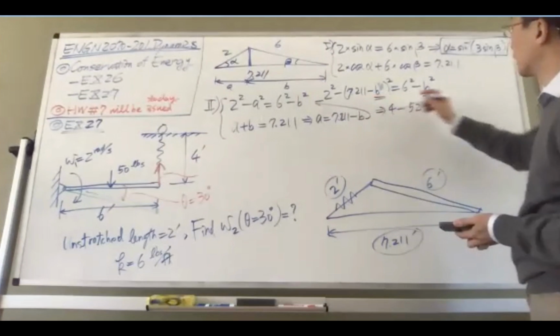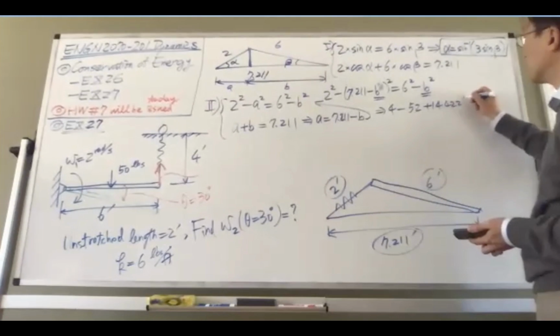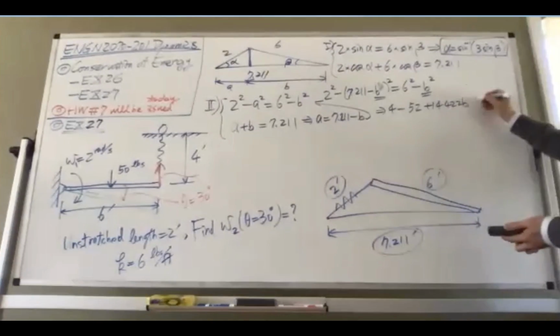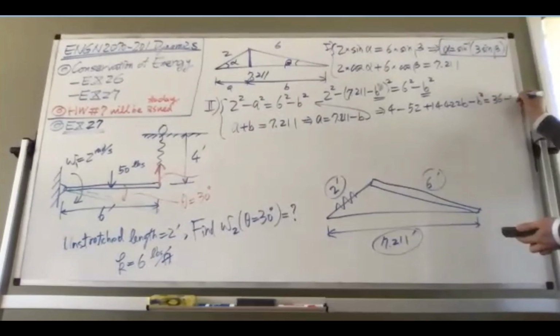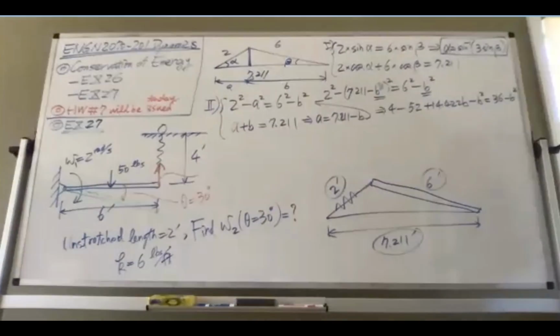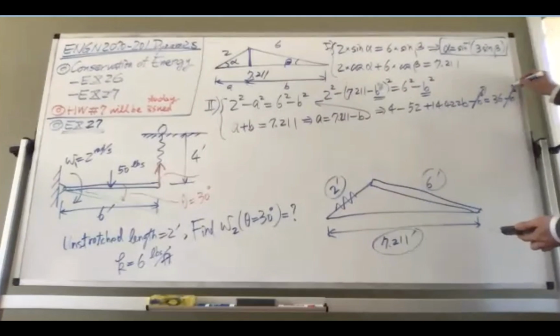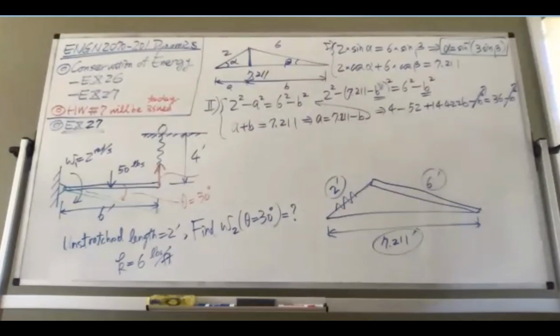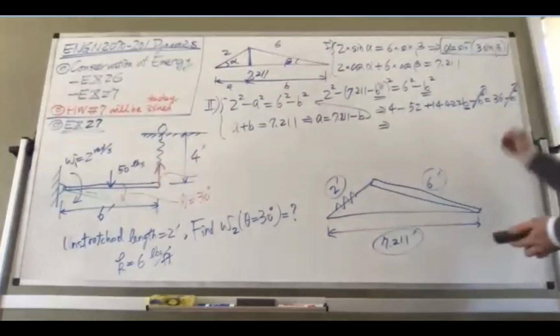So this is a minus, and the other one is a plus 14.422 B. And this becomes minus B squared equals 36 minus B squared. Now, because we have B squared on both sides of the equation, you can cancel. Now here you have only one unknown, which is just B.